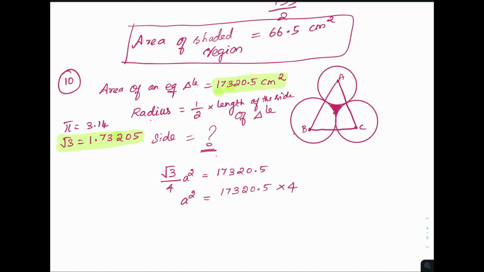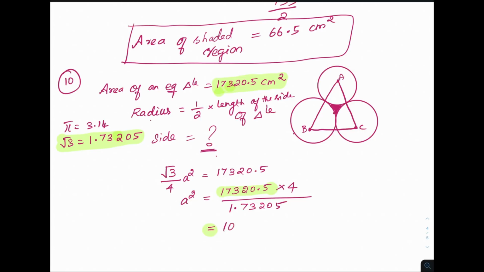0.5 into 4 by 1.73205. So 17,320.5 divided by 1.73205 gives 10,000.